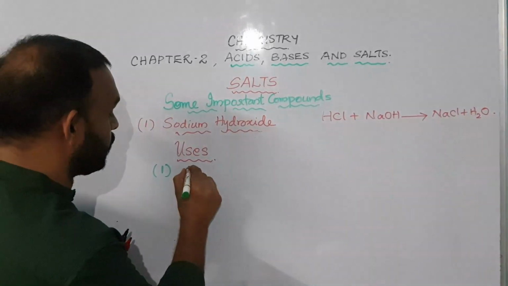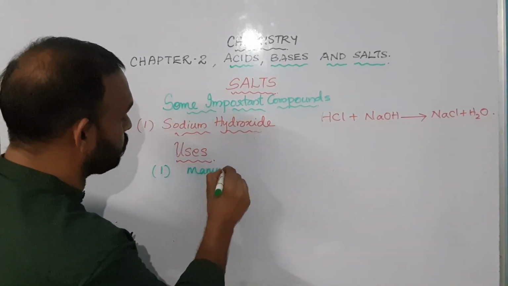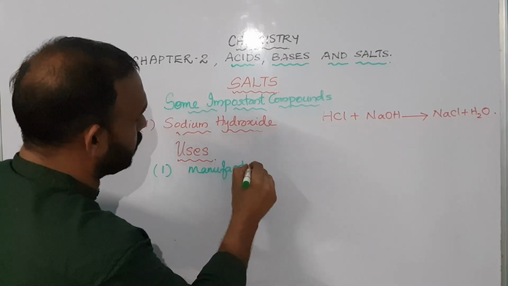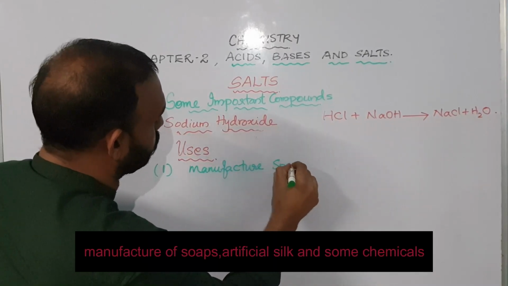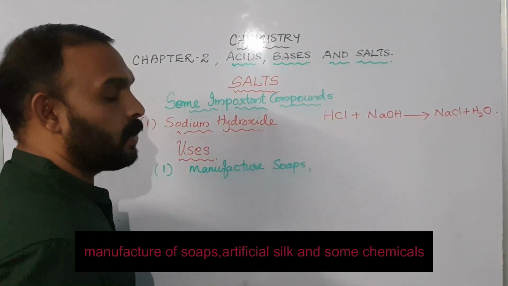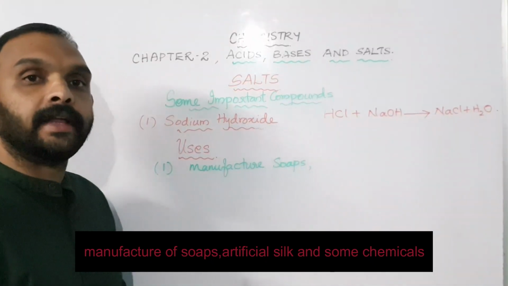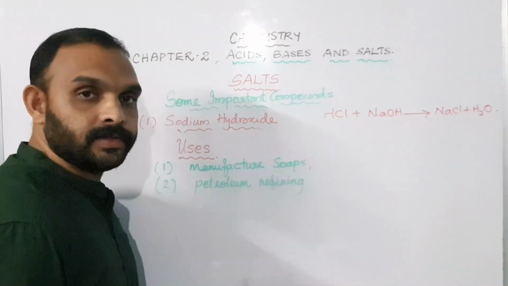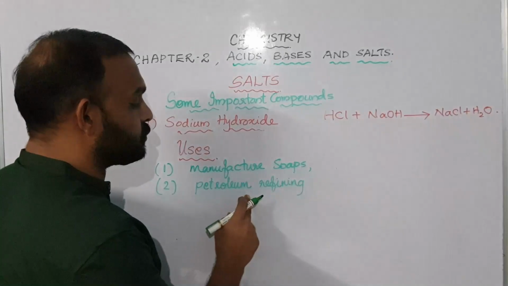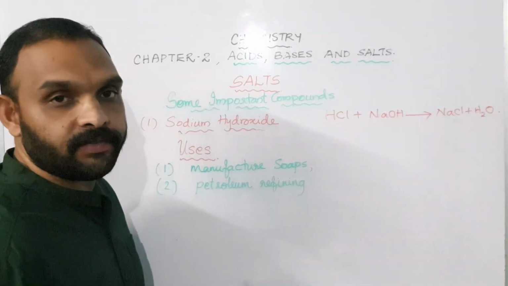We can say that it is used in the manufacture of soaps, and it is also used for the preparation of artificial silk and many other compounds.